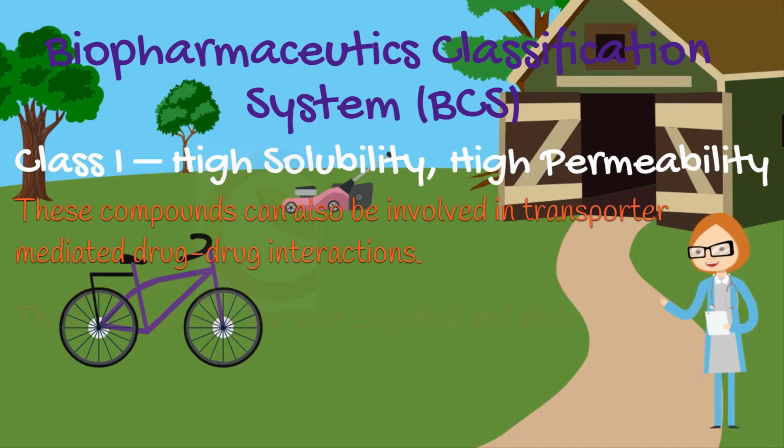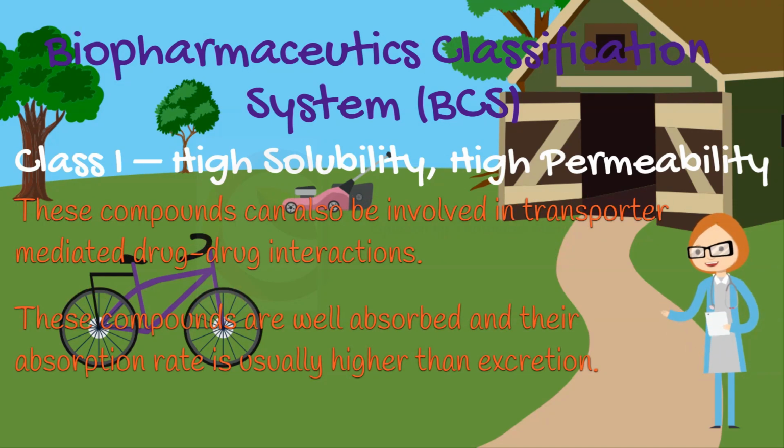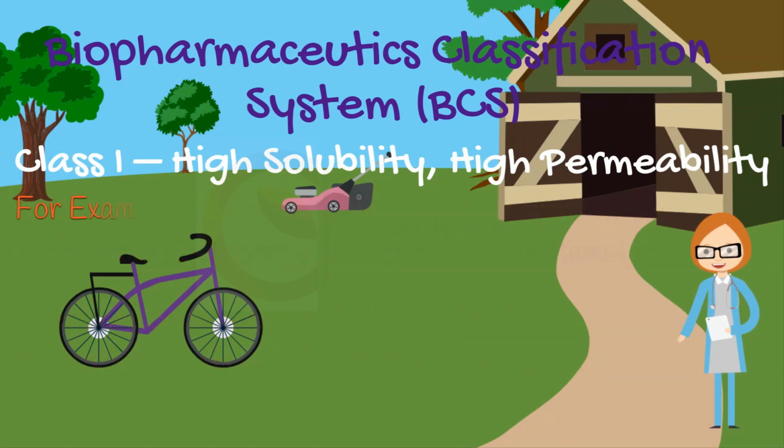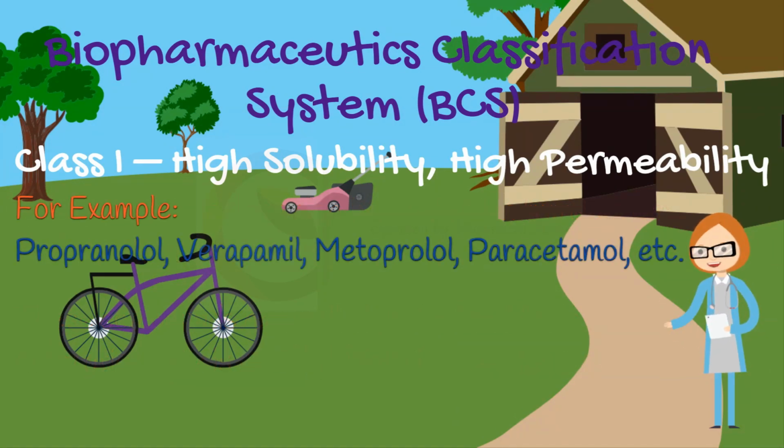These compounds can also be involved in transporter-mediated drug-drug interactions. These compounds are well absorbed, and their absorption rate is usually higher than excretion. For example, propranolol, verapamil, metoprolol, paracetamol, etc.